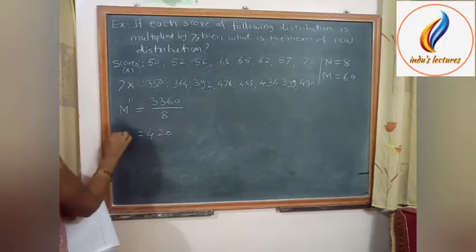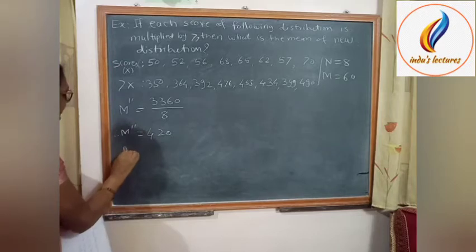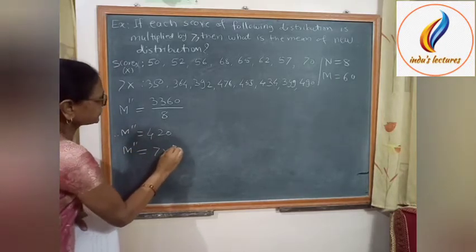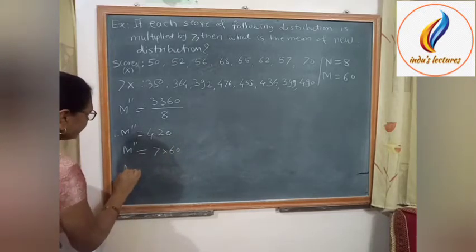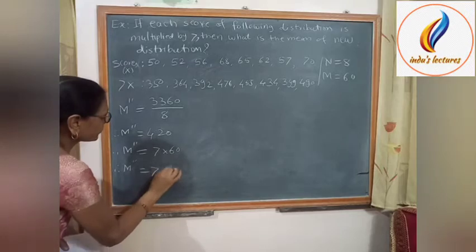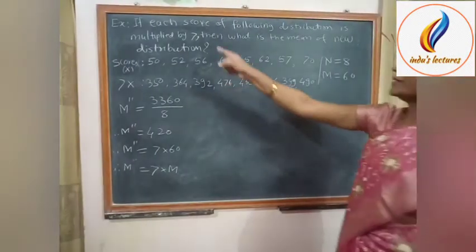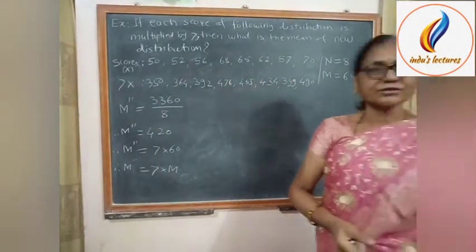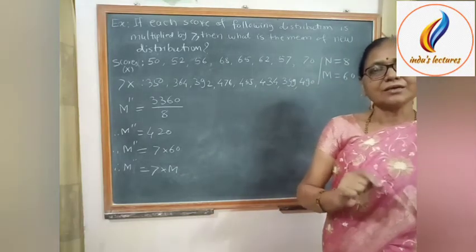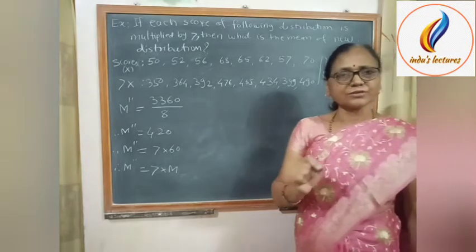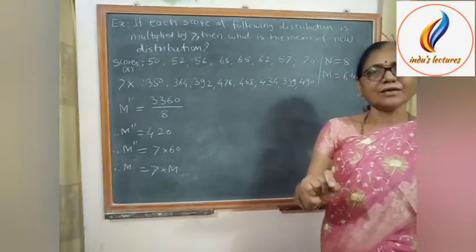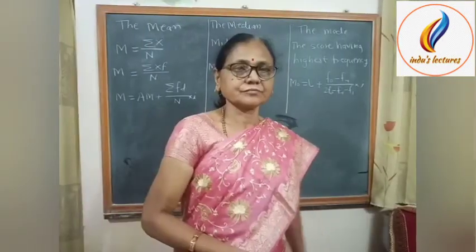That means we can say that m double dash is equal to 7 into 60, that means m double dash is equal to 7 into m. If each score of the given distribution is multiplied by a particular number, then the mean of the new distribution is equal to the mean of the given distribution multiplied by that particular number.